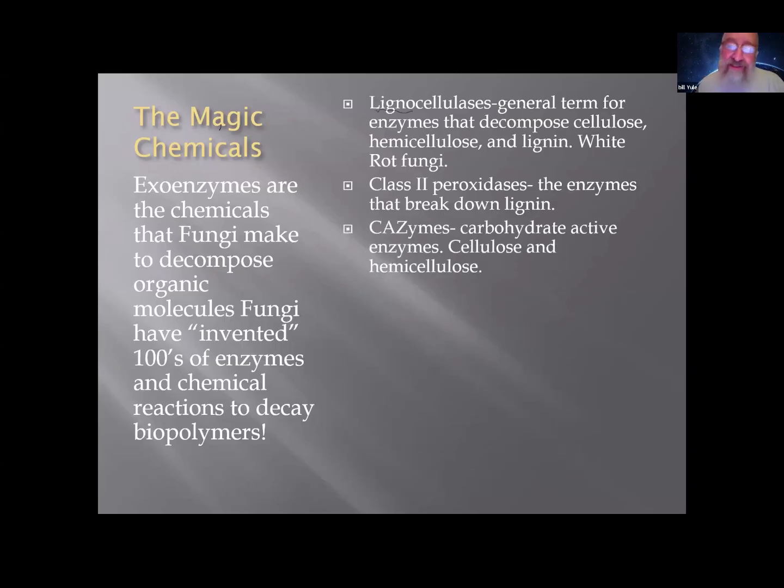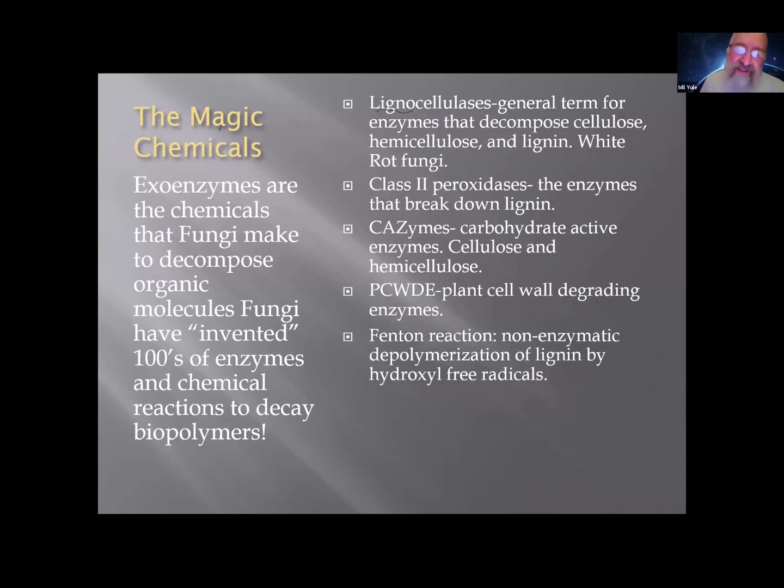And CAZymes is just a fancy word for carbohydrate-active enzymes. Those are the enzymes that break down cellulose and hemicellulose, particularly. This is the biggest class of enzymes in fungi, plant cell wall degrading enzymes. And those are just terms to categorize the different kinds of enzymes.